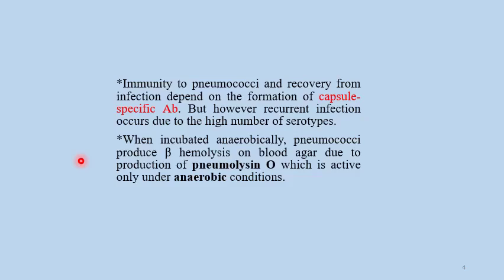on the blood agar. That's why I told you at the beginning that we say alpha hemolytic, but here there are two lines under it, because it can be converted from alpha hemolytic to beta hemolytic in anaerobic conditions. Why? Because it can produce an enzyme called pneumolysin O, which is very similar to the one we mentioned in Streptococcus pyogenes, which was called Streptolysin O. So pneumolysin O is similar to Streptolysin O to a great degree, and it is active only under anaerobic conditions.